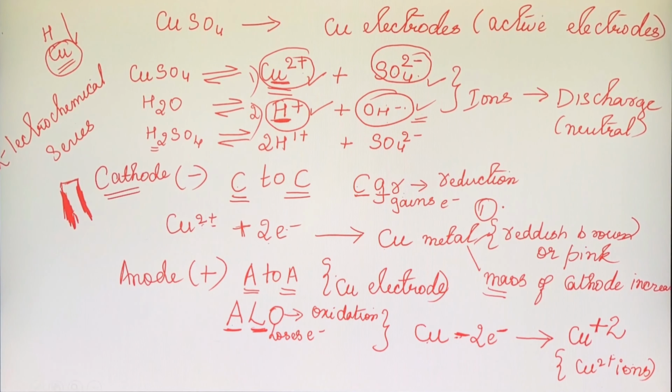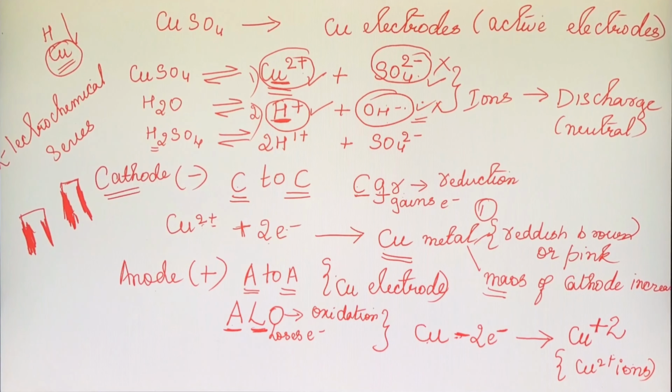At the cathode, what am I getting, children? At the cathode, my copper metal is getting deposited slowly onto the cathode. Clear? I am getting neutral copper metal. But at the anode, please remember, none of the ions get discharged. Neither SO4 nor OH minus gets discharged.